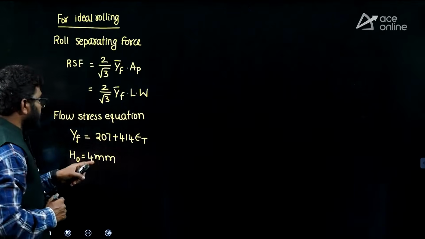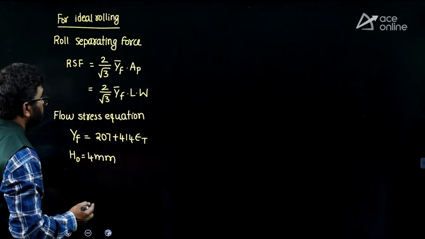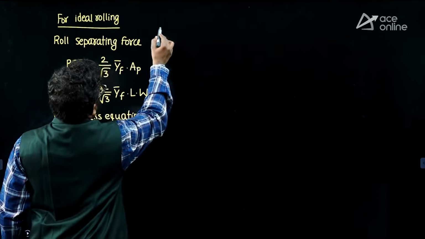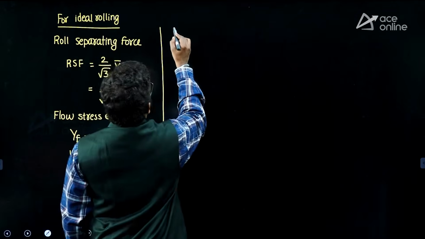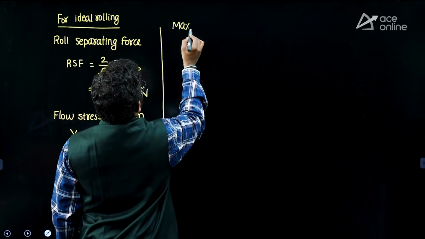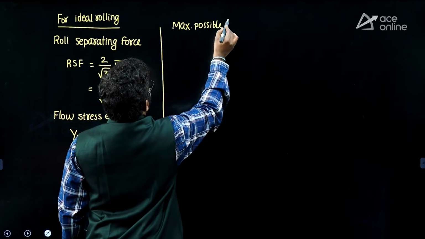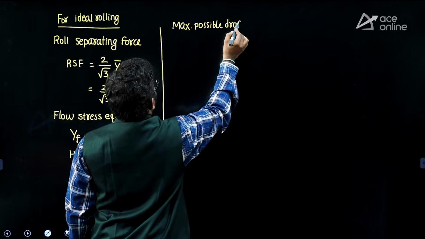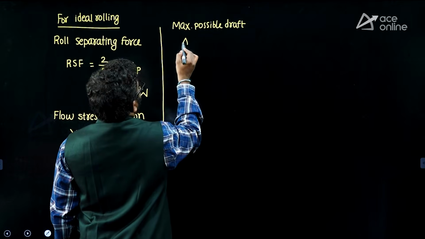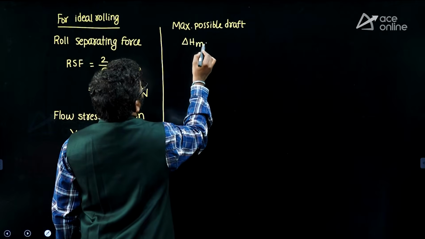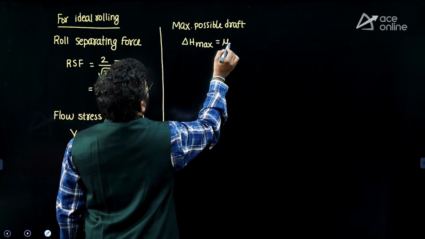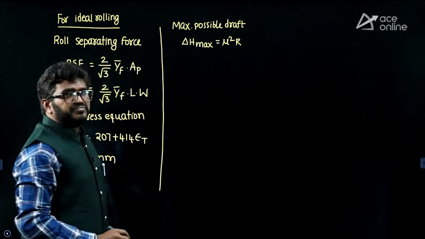Now H0 is given, we don't know H1, so I am using the maximum permissible draft condition. The permissible draft formula I am using is delta H max equal to mu square R. From that I will calculate H1.